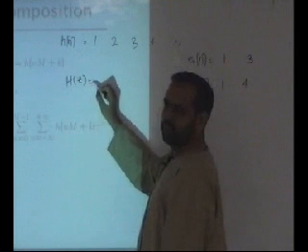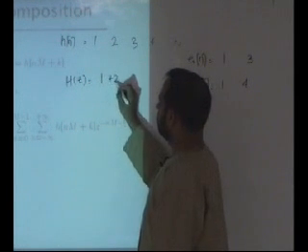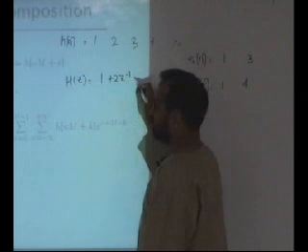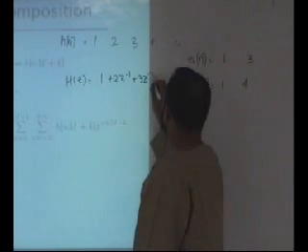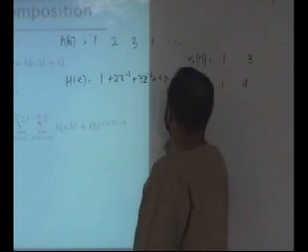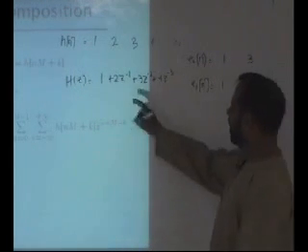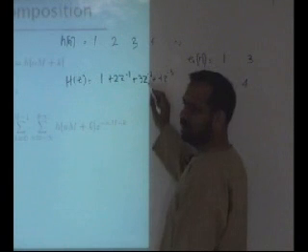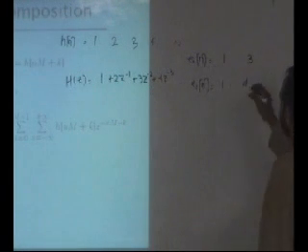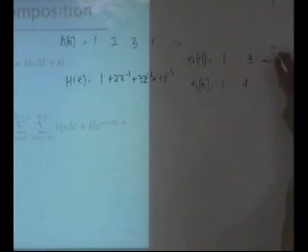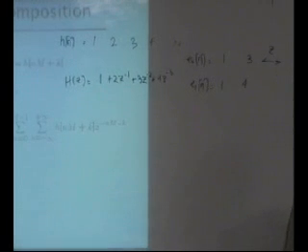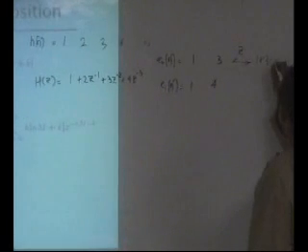What is the Z transform of this? H of Z is equal to 1 plus 2Z inverse plus 3Z minus 2 plus 4Z minus 3. So this is the Z transform. If this is my E0 of n, then what is my Z transform here? 1 plus 3Z inverse.